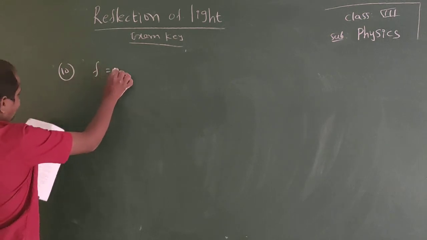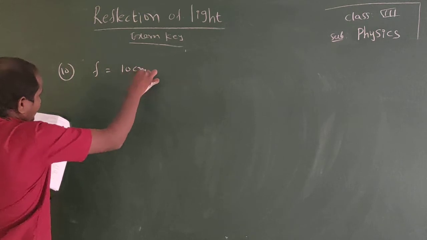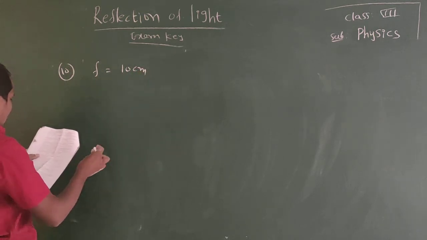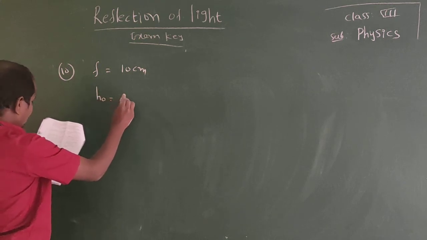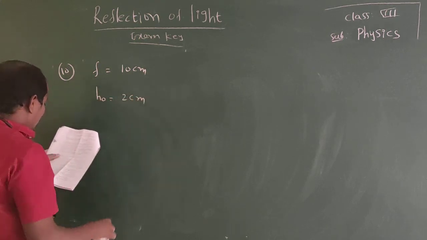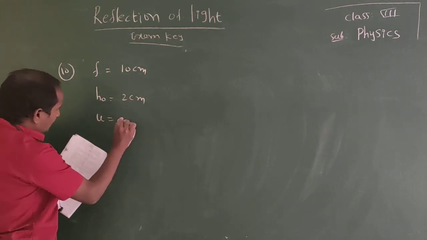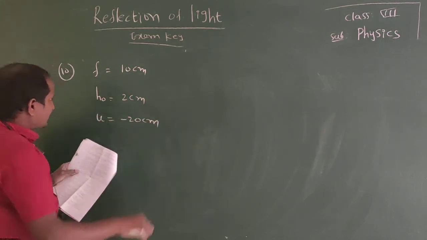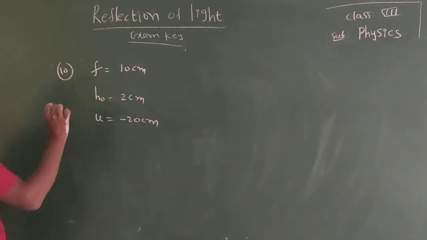Focal length f equal to 10 centimeters, and the height of the object ho is given, equal to 2 centimeters, and the object distance u equal to minus 20 centimeters. So we know f, u and ho.